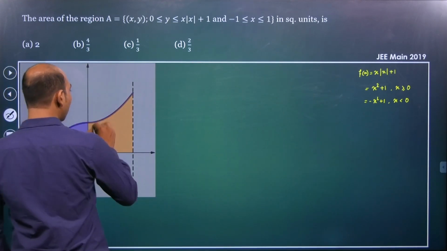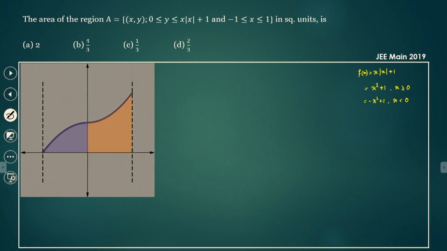Here, for x greater than 0, the equation gives 1 plus x squared, and this area is A1. The other side is 1 minus x squared, and it is A2. They intersect at the point (0, 1). This is x equals 0, this is x equals 1, and this is x equals minus 1.